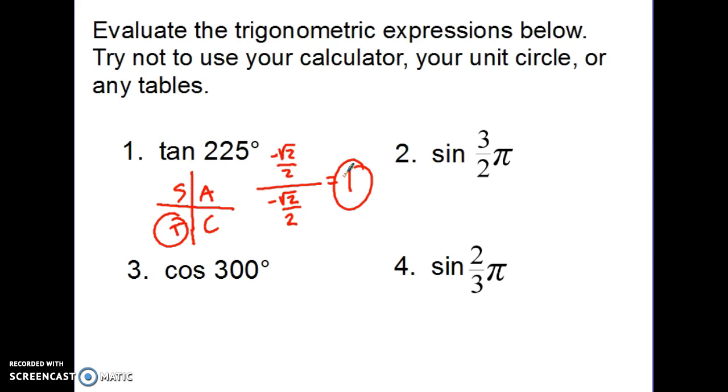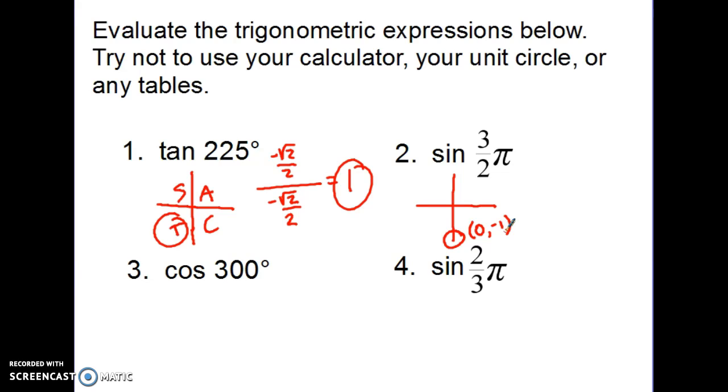Now, number 2, sine of 3/2 pi. That's one of those big ones. 3/2 pi on your unit circle is there at the very bottom. 3/2, 270 degrees. That's the coordinate pair of 0, -1. That means you go left or right, none, but you just go straight down, -1.